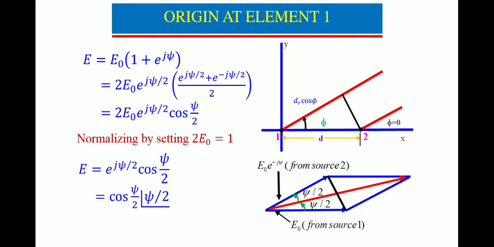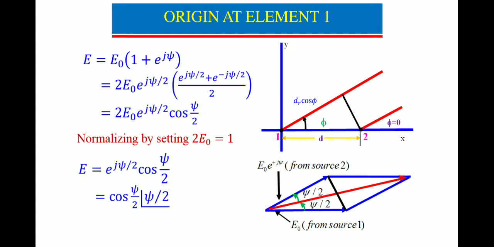Now we can consider the origin at element 1. For that we calculate the electric field for this figure. From this figure the electric field is equal to E0 into 1 plus e raised to j psi, that is equal to 2 E0 e raised to j psi by 2 into e raised to j psi by 2 plus e raised to minus j psi by 2, divided by 2. That gives 2 E0 e raised to j psi by 2 cos psi by 2.